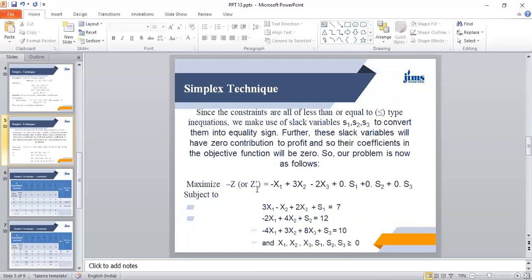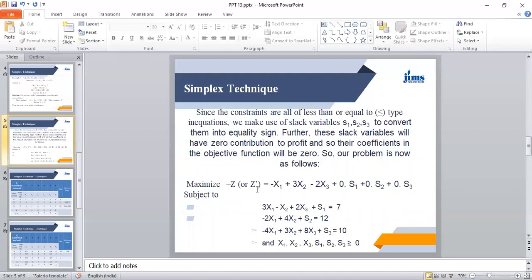So we start from there and slowly go to improved solutions. The improvement takes place as we do different iterations until we reach the optimal stage.